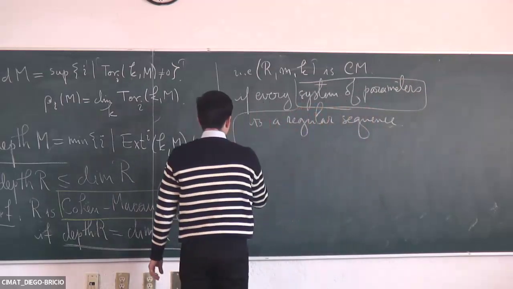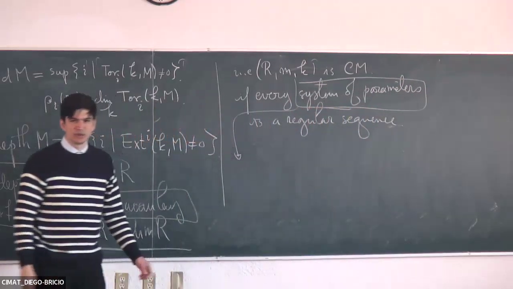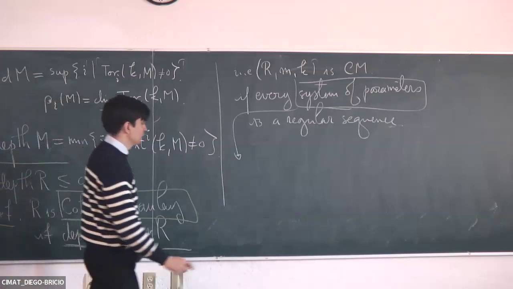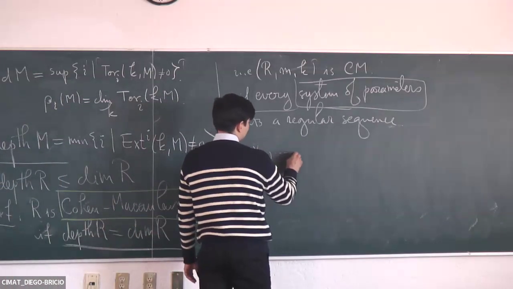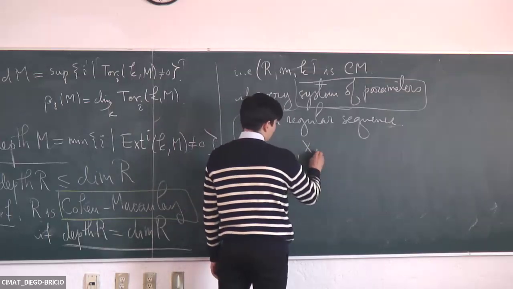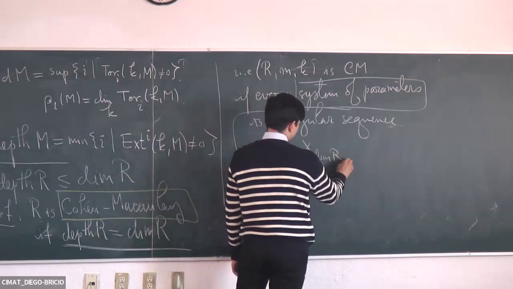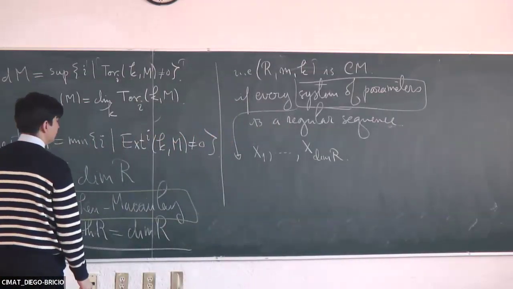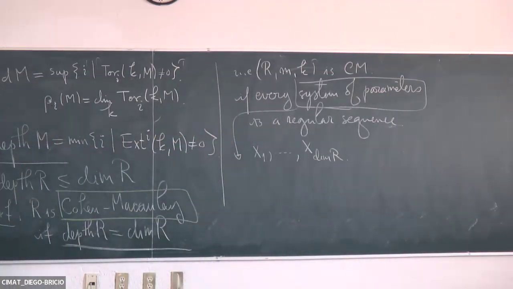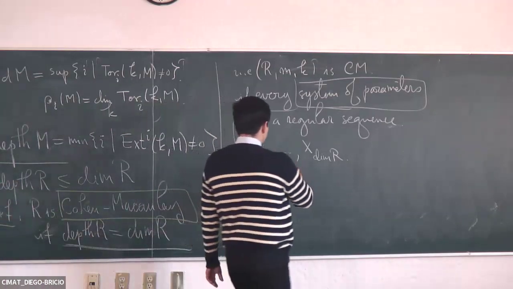Well, actually, maybe I need to define this. I don't know if you have ever seen a definition of this. A system of parameters is a list of dim R elements. Here I'm saying that R has finite dimension, which is a consequence of this ring being Noetherian.